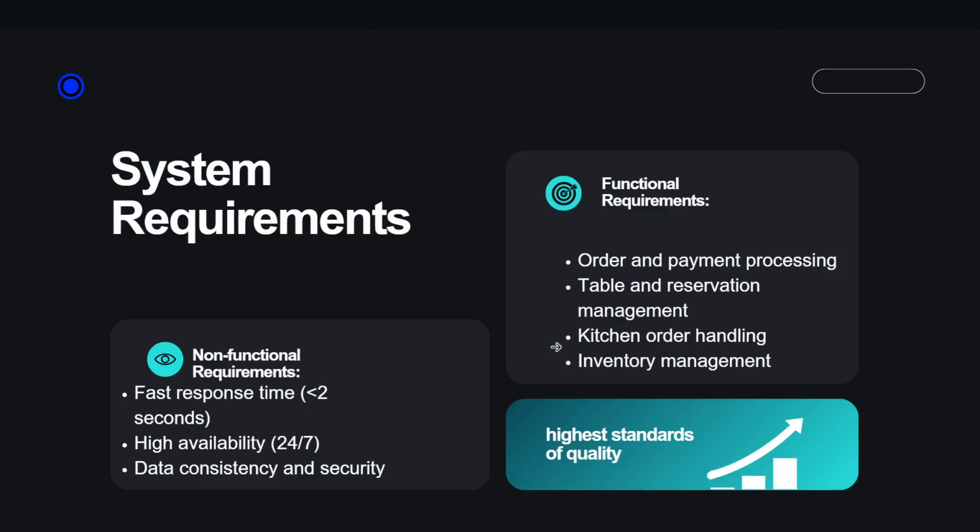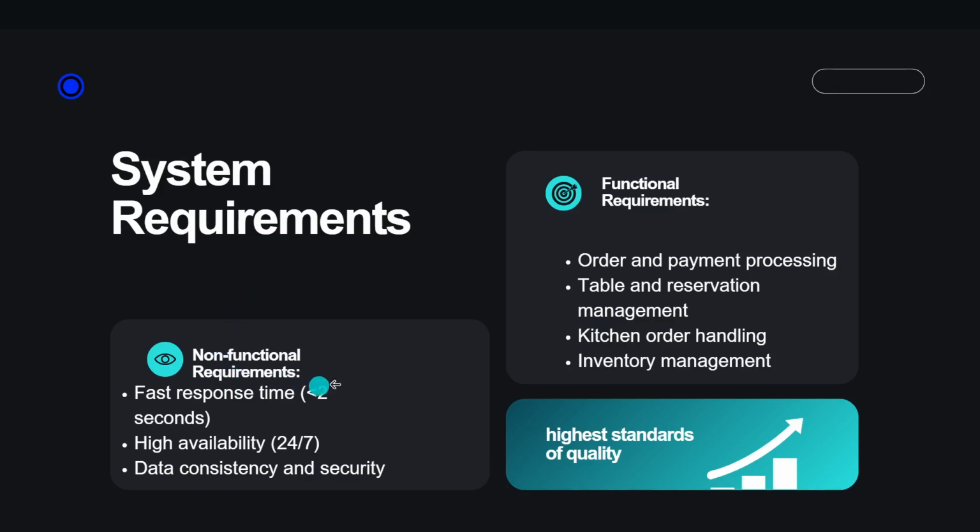And we come to the next one, what are the system requirements? There are two aspects which are very important. First we have the functional requirements, what we see on the display of the system. We should have order processing, table management, kitchen operations, and inventory checking.